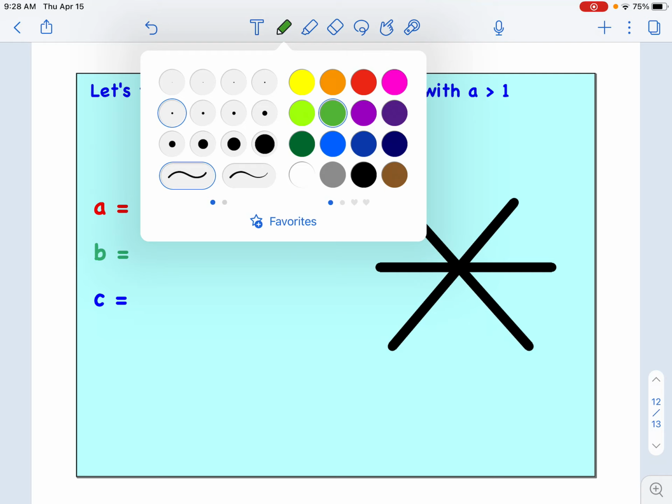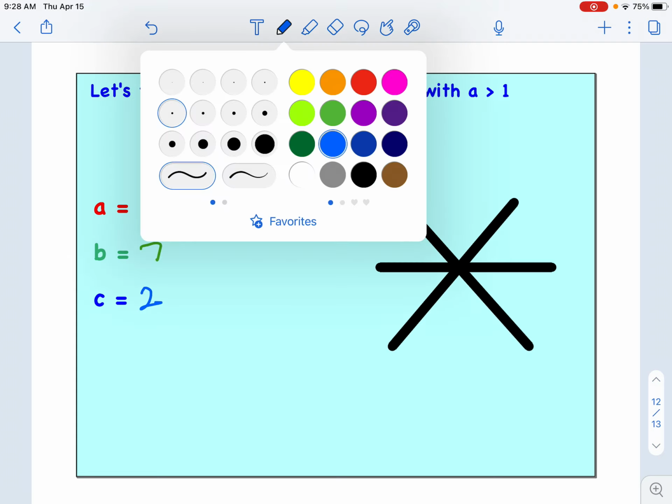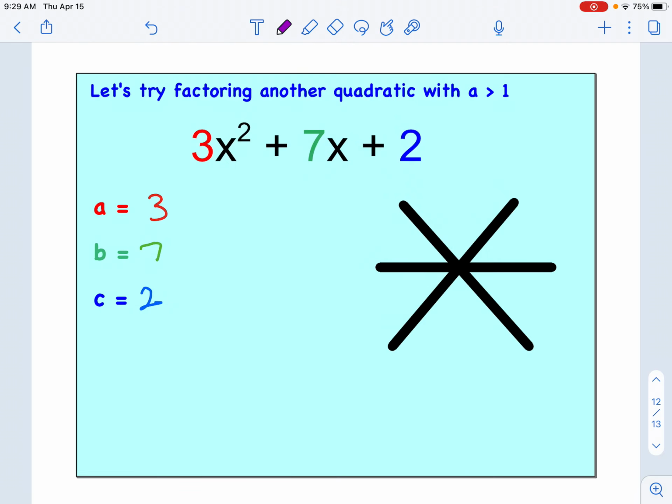All right, your A value is 3, your B value is 7, and your C value is 2. So on the top, what you should have is 6, because you take 3 times 2, or your A times C. Okay, on the bottom, you just have your B value of 7.